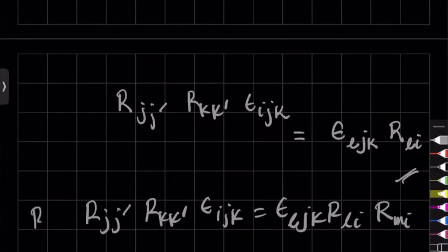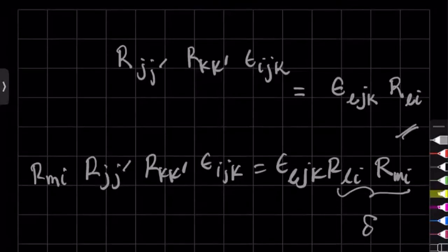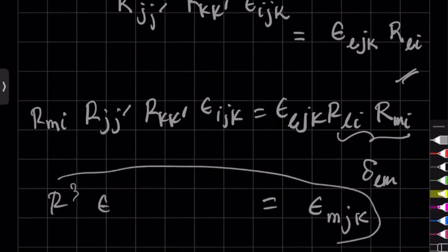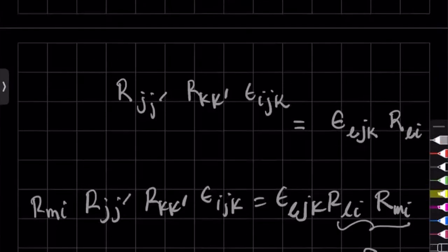So I write RMI here, but RMI and RLI is going to give me delta LM, right? So then I get here epsilon MJK, and over here I have the usual R cubed epsilon, which is the identity we know. So that identity and this identity are equivalent.